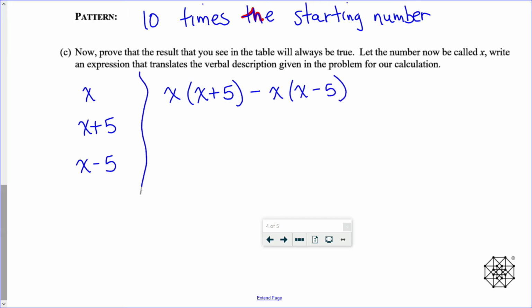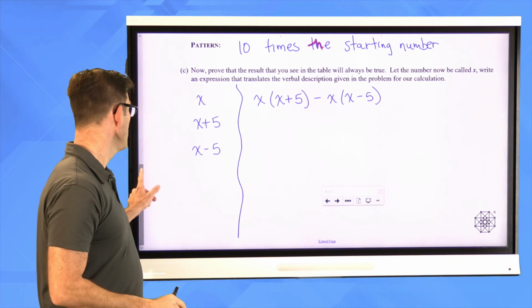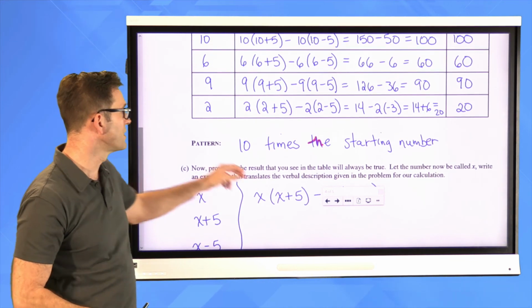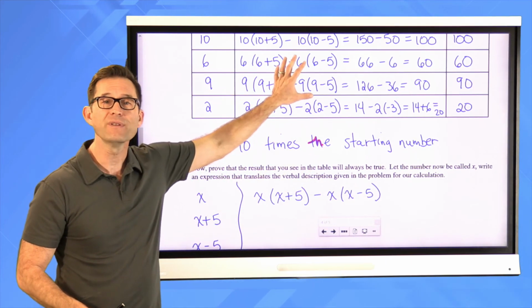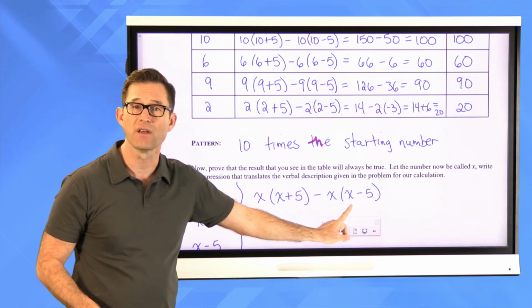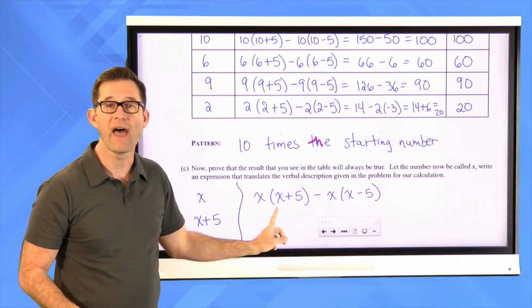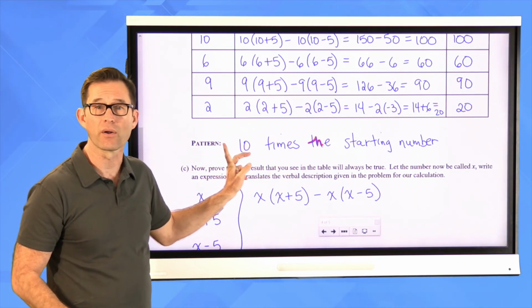So that's kind of where we start, right? That is our basic pattern. And in fact, if you looked back at our table and you looked at all of these calculations going on up here, every single one of them has exactly the same structure as this does, but instead of having x, right, we have whatever particular number we started with.